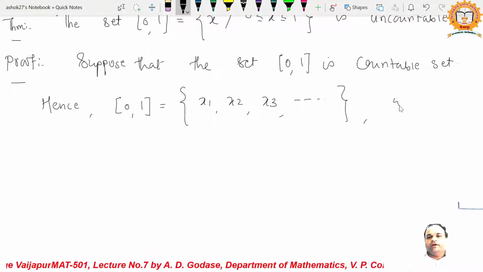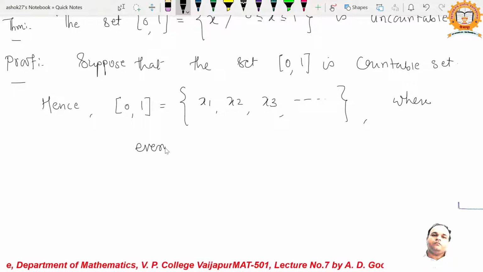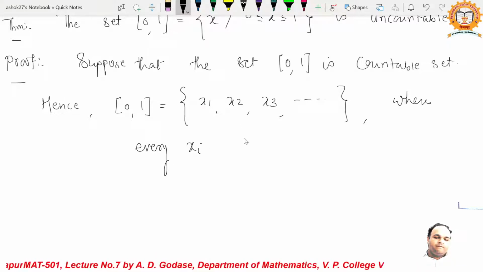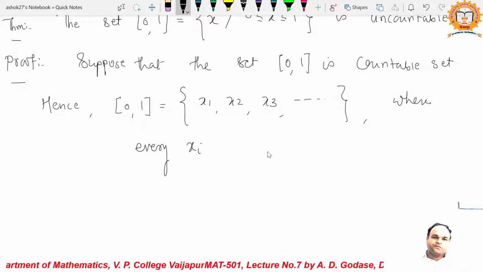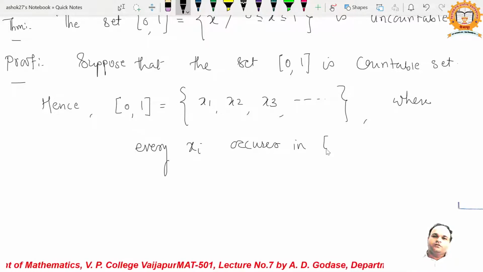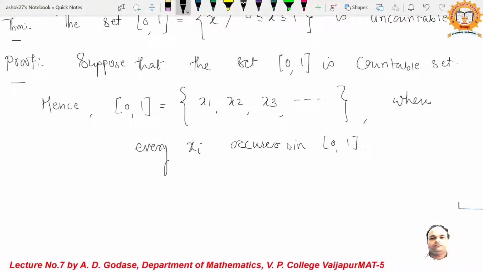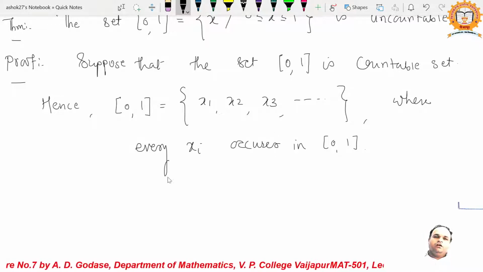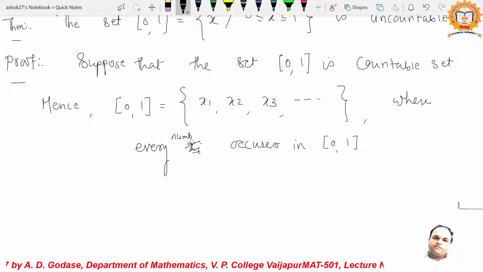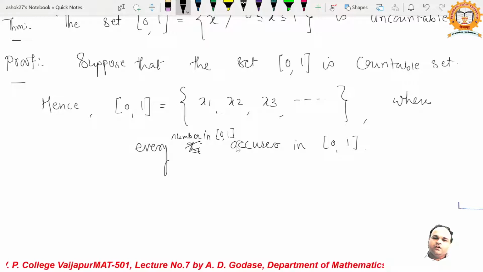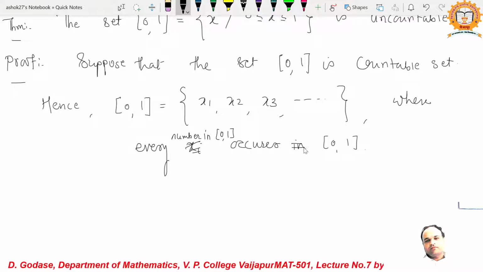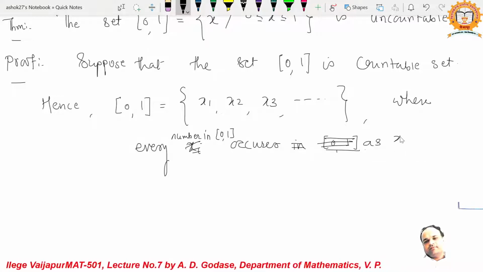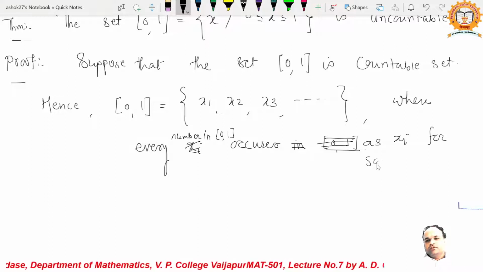So here, every xi occurs in the closed interval [0, 1], or you can write, every number in the closed interval [0, 1] occurs as xi for some i.